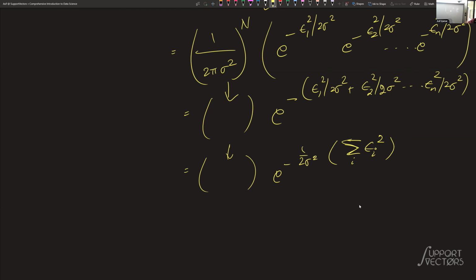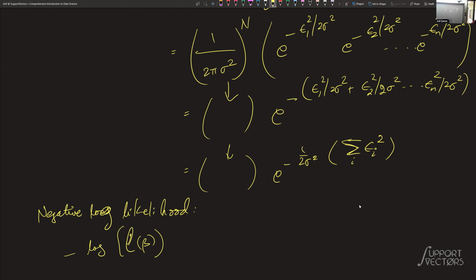Again, remember, negative log likelihood. If this is L of beta, then the negative log likelihood would be minus log of this quantity. E to the minus all of this is what?